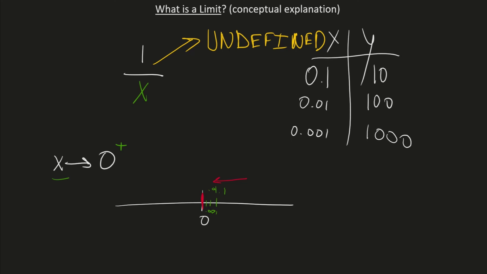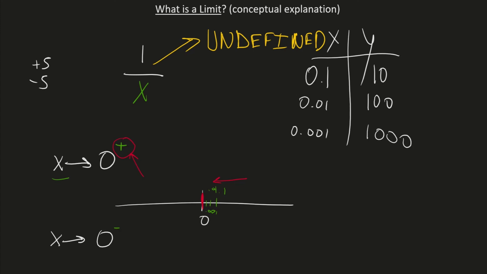Whenever you see a sign that's to the right of a number, that's what that means. It means where you're approaching from. Usually the sign's on the left. But in this case, for the purposes of limits, the sign on the right means where we are approaching from. And we can approach from the left as well.